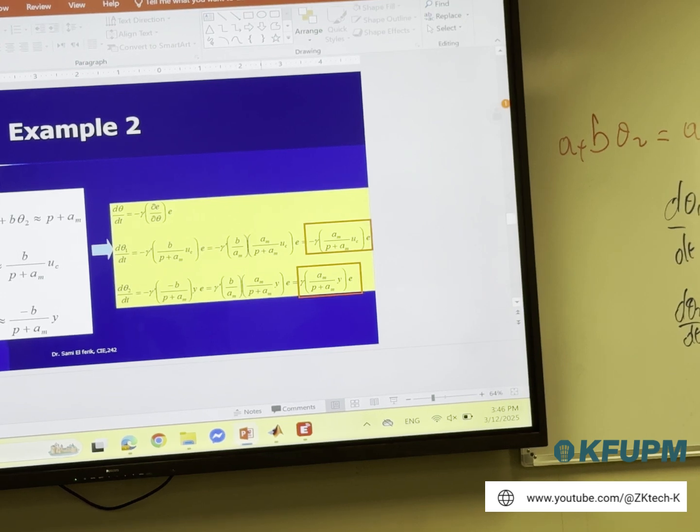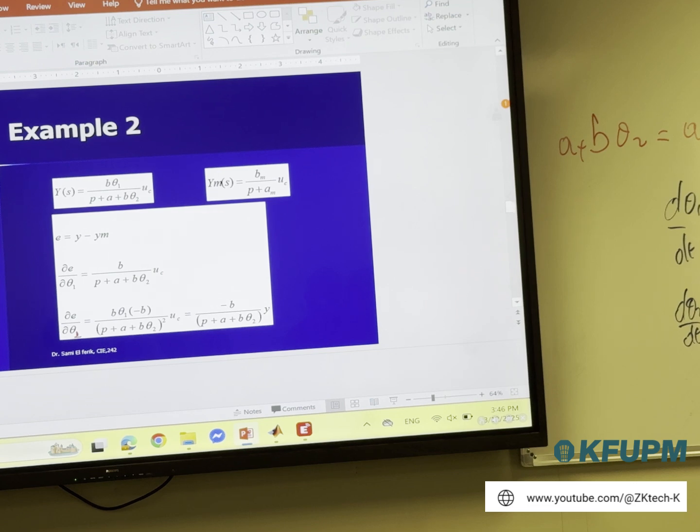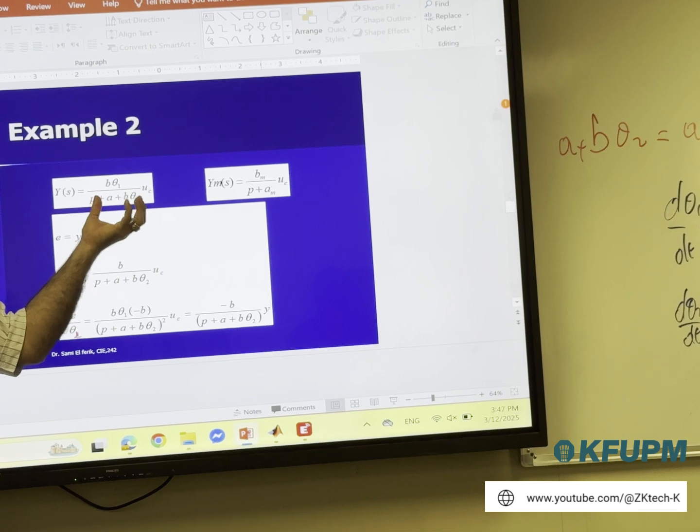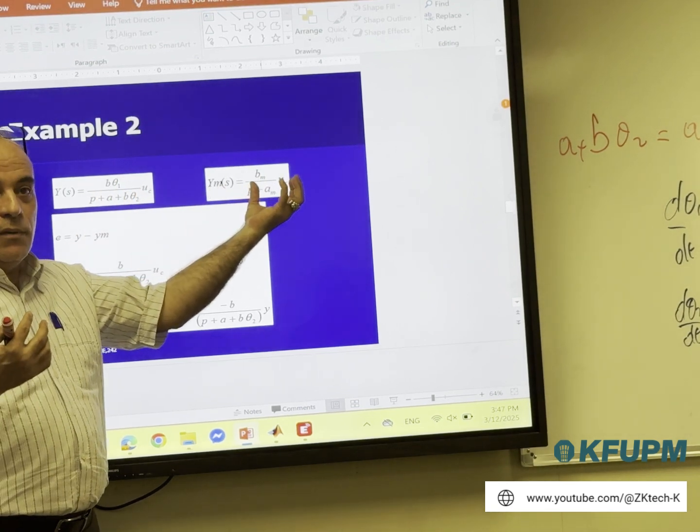But does it make sense that if we go back to the former slide, the first expression here is just equating the denominator of the model we assumed and the model that we want? No, I'm saying if I would like to have perfect model following, the closed loop transfer function, this one, has to be equal to the desired closed loop transfer function.